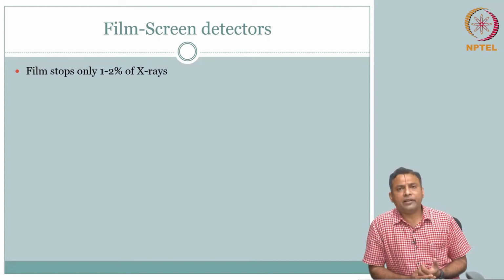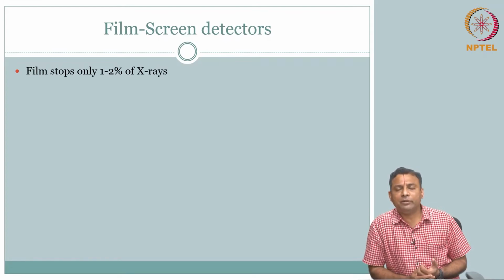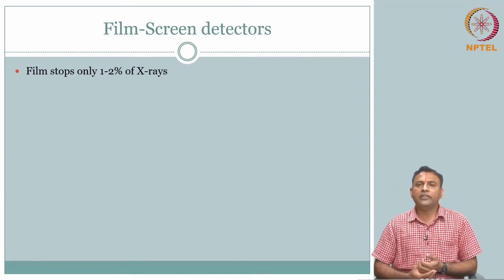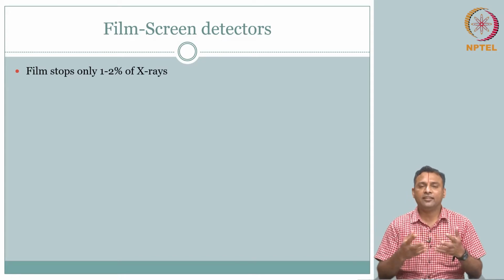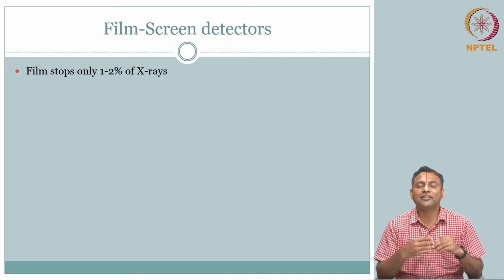Here it is actually pretty straightforward. Now you should think, if he is going to talk about just film screen, this is already there. How did Roentgen make the first, or at least supposedly the first, medical image?